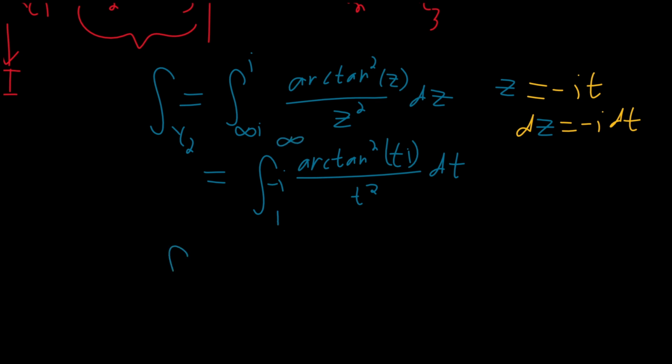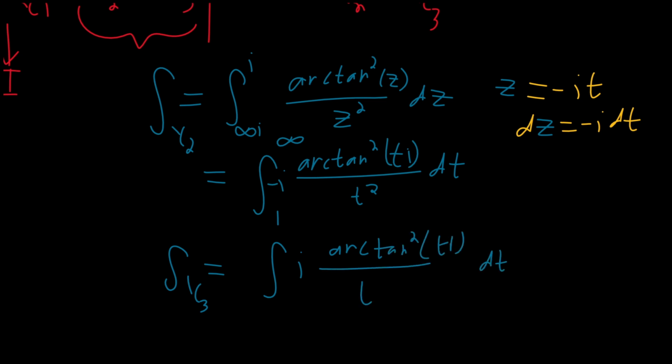Okay. And now the integral over gamma 3, we're going to do it in the same way. The only difference being that the bounds are flipped, so it's just going to be negative all of that. So essentially the same thing, but just positive I. So you have I times arctan squared ti dt over t squared.